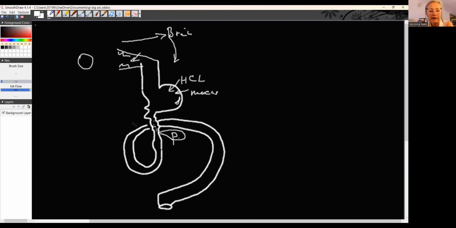P stands for pancreatic gland. Also, a signal will be sent to the liver to start to produce bile. Those are preliminary signals to activate our digestive tract.